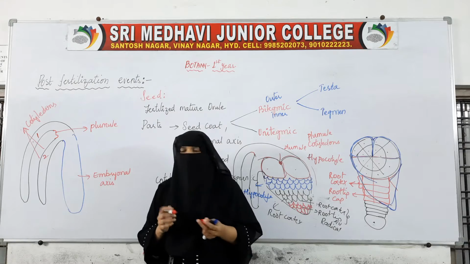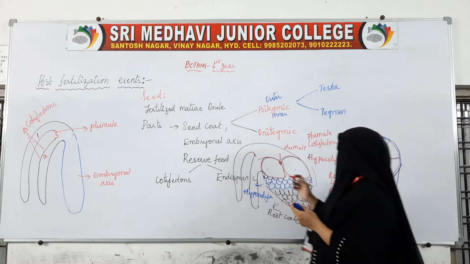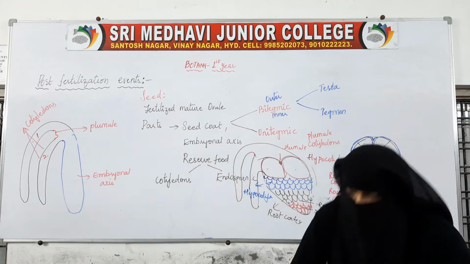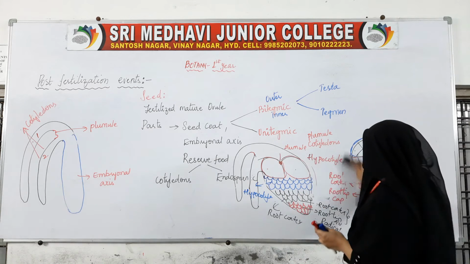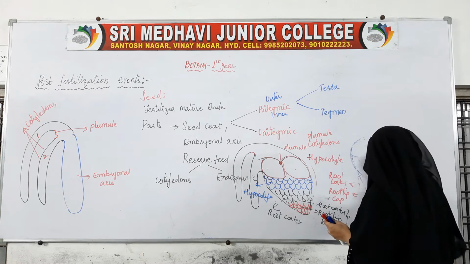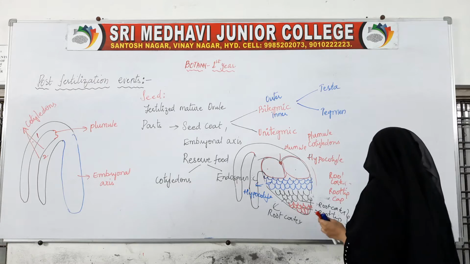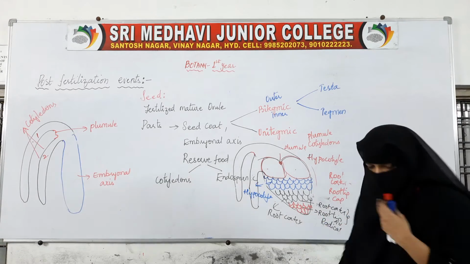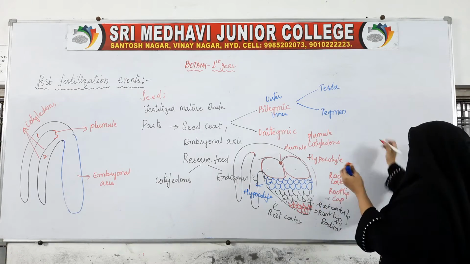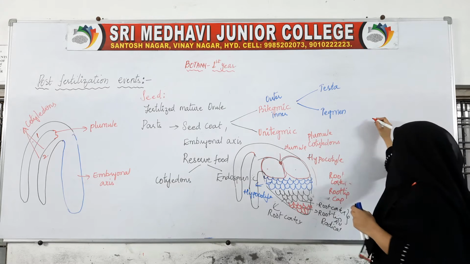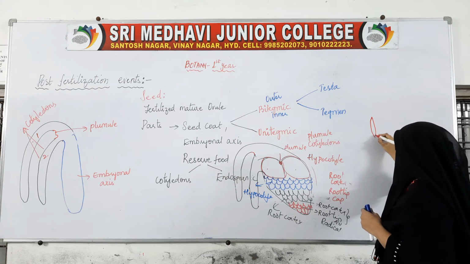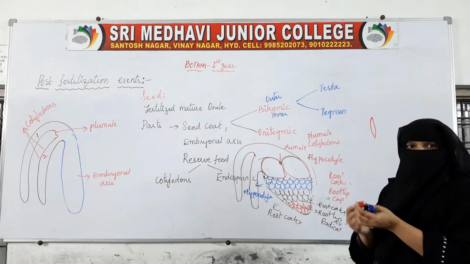So if I remove this and draw it, actually this is the embryonal axis, it won't be this big, I am just drawing it for the sake of drawing.